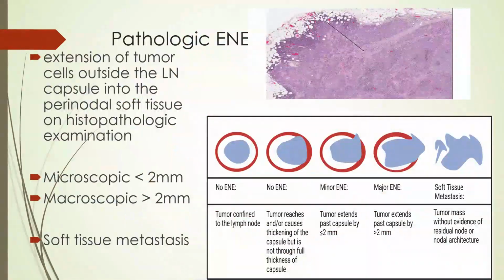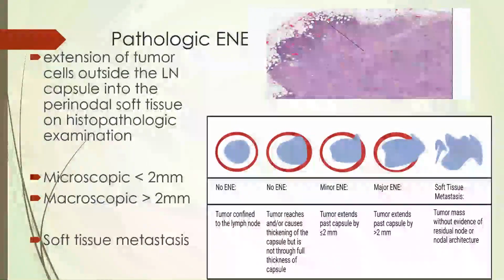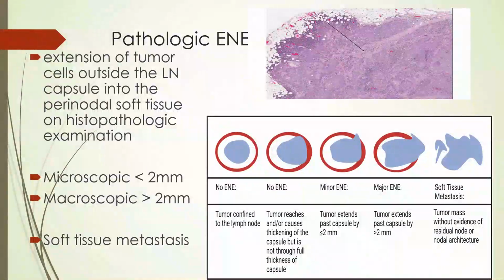So what is pathological extranodal extension? It is extension of the tumor cells outside the lymph node capsule into the perinodal soft tissue during histopathological examination. So there is a spectrum of pathological extranodal extension. First there is no extension, when the tumor is confined to the lymph node.